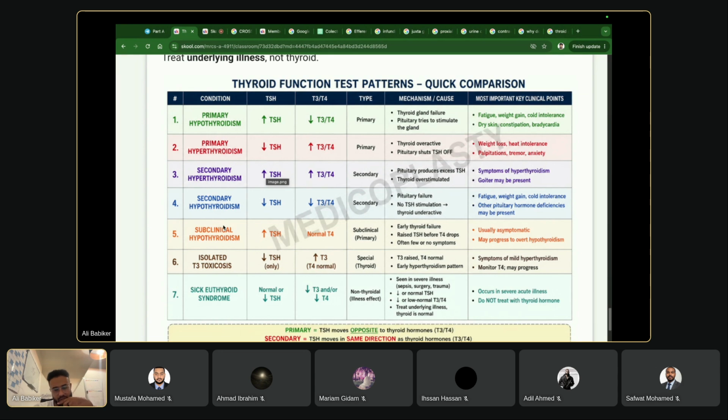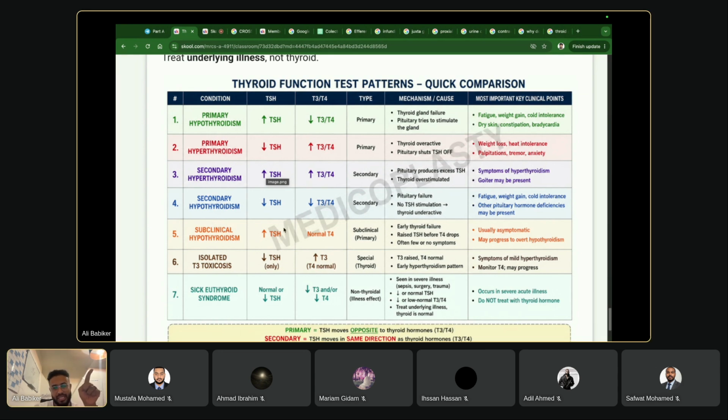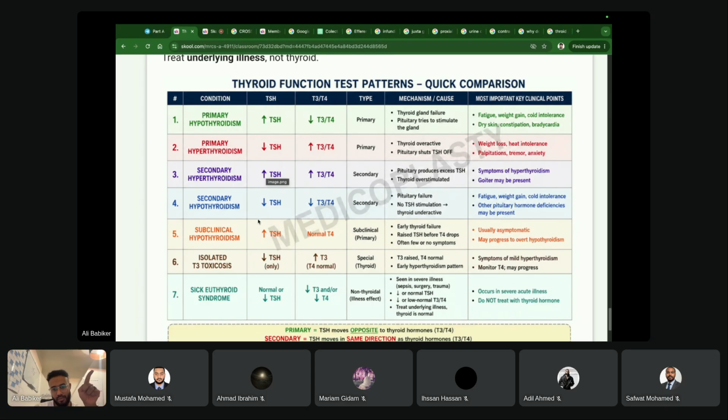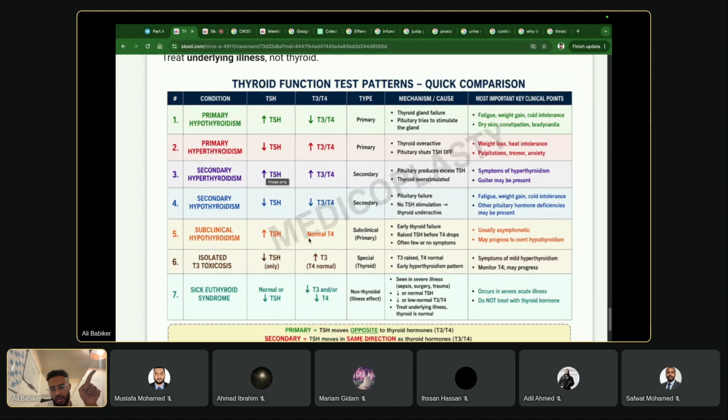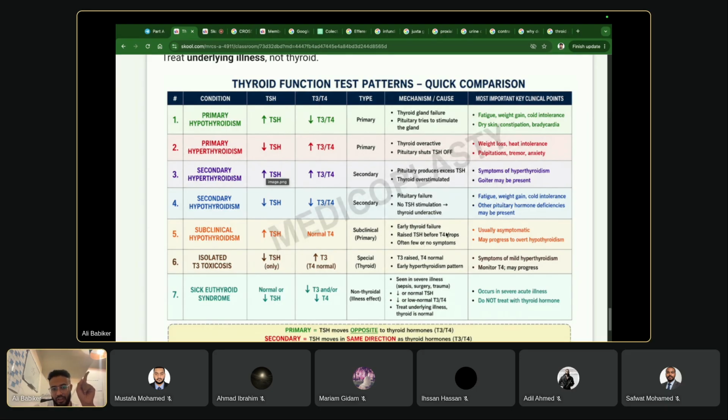Subclinical hypothyroidism. In subclinical hypothyroidism, your patient's T4 will be normal, and T3 usually will be low. TSH rises before T4 drops. So the TSH is high, however the T4 is normal.